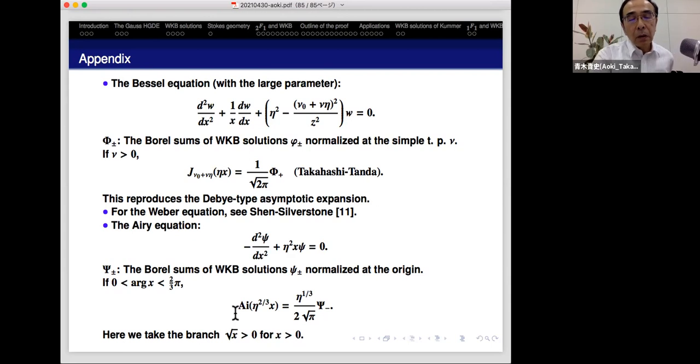But at the regular singular point x equals 1, it's a big problem. We cannot compute the Borel coefficients at x equals 1 for 3F2. Anyway, some extensions for higher order cases are also possible.